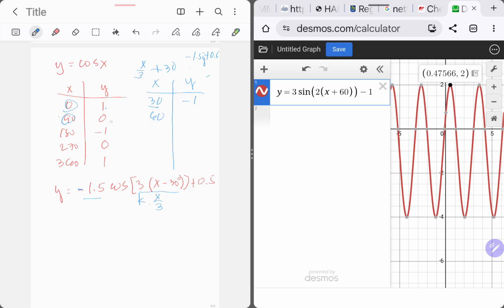And when y is equal to 0, negative 1.5 times 0, this is 0.5. And when x is 180, divided by 3 will give you 60, plus 30 will give you 90. And if it's negative 1, negative 1.5 times negative 1 plus 0.5 here will give you 2.